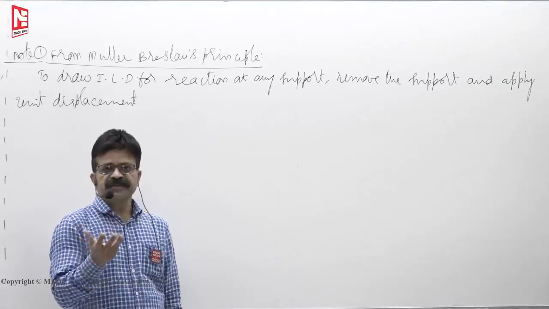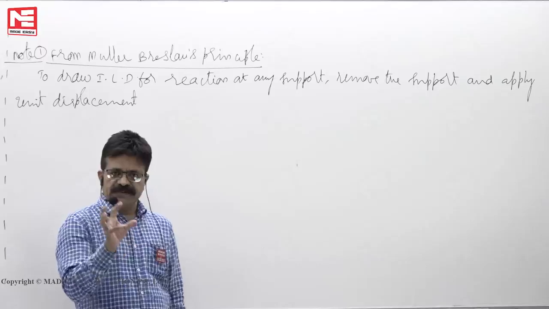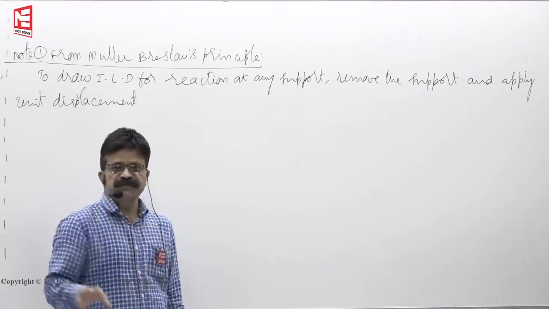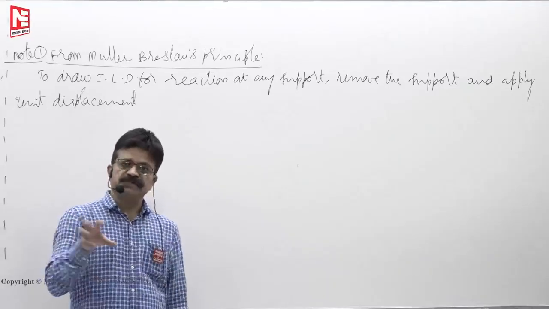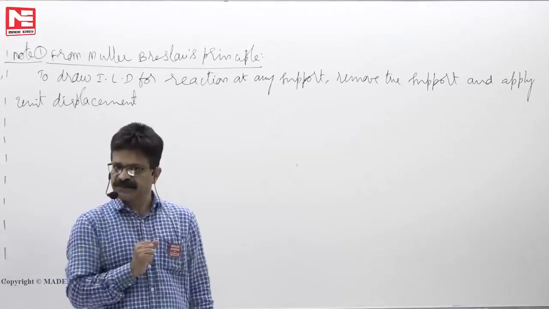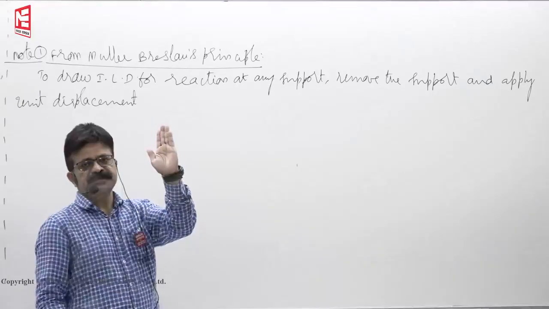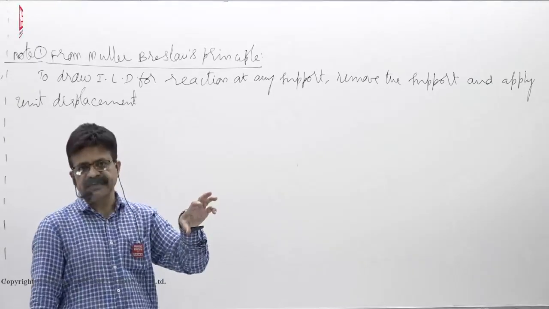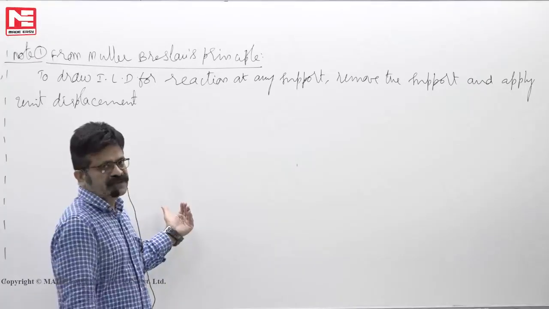If any structure is in equilibrium, apply virtual displacement, then total virtual work done is equal to 0. From that you know the force necessary to keep the structure in equilibrium. So is the case here: remove the support, apply virtual displacement, find the virtual work done by all forces, and equate it to 0. From that you will know what VA is.